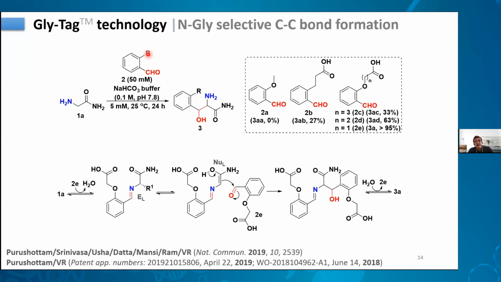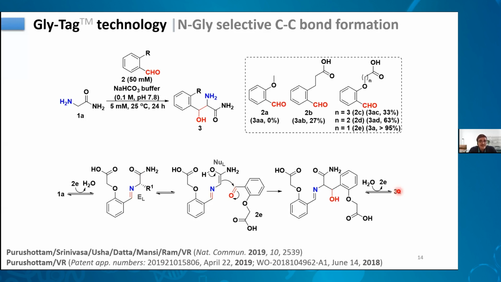The way it works is that the amine will react with the aldehyde first, generate an imine, and the hydrogen bond acceptor in the proximity promotes the generation of a nucleophilic enol type of intermediate over here. And this in turn reacts with another molecule of aldehyde to generate amino alcohol, which upon subsequent hydrolysis would release the amino alcohol as a product.